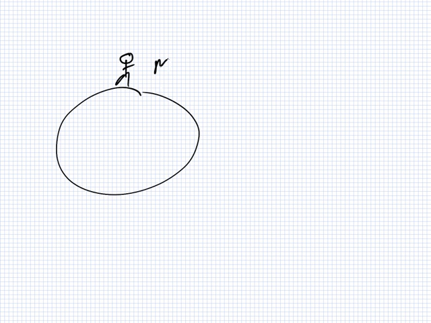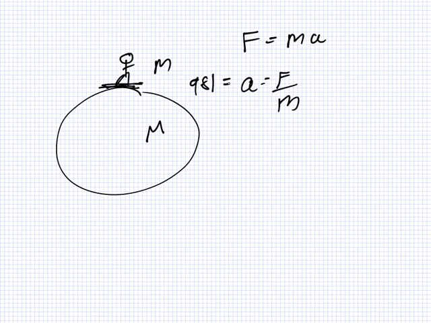Okay, so have a look here. Here's somebody standing on the earth. They have an m, this has an M. According to my formula, we have F equals ma. True? So then a equals F over m. But if they're standing on the surface of the earth, then we know that this is 9.81. Yes?